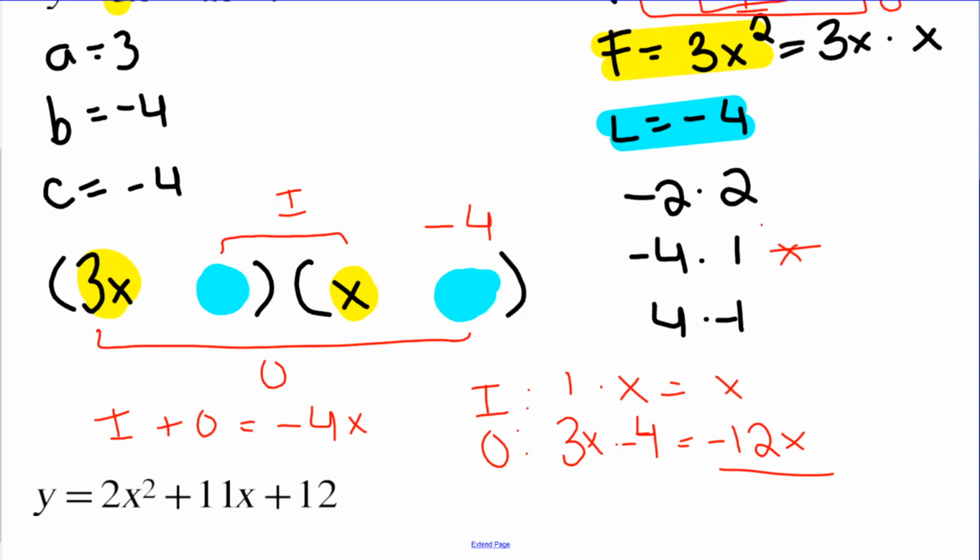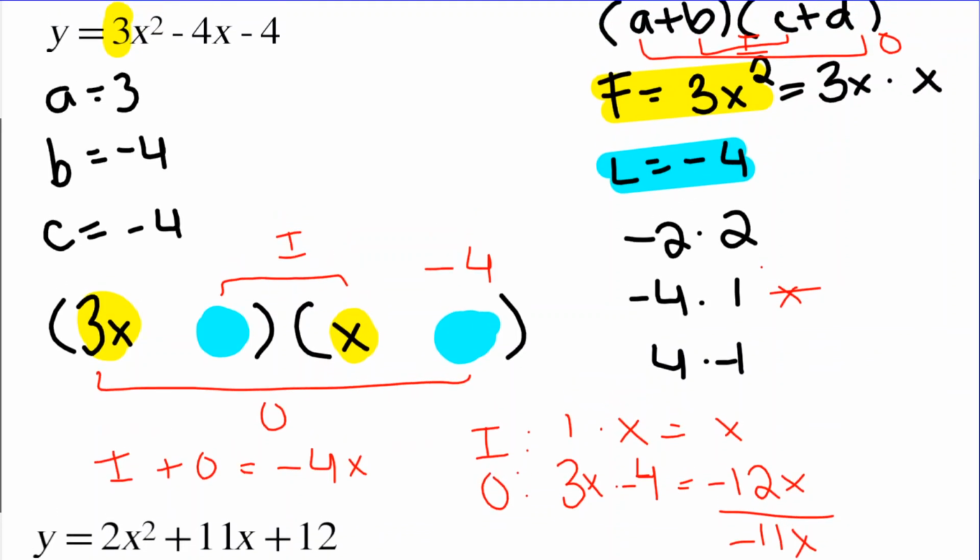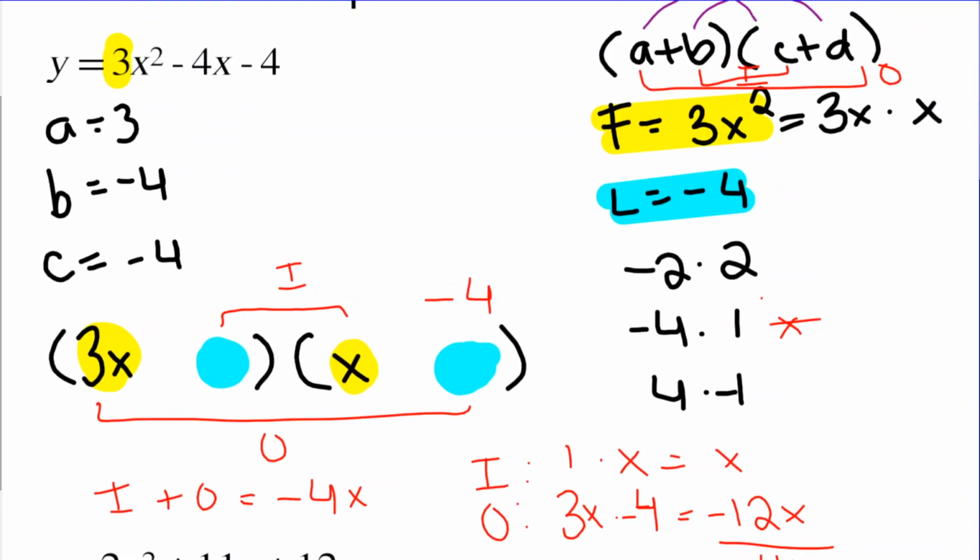In this case, unfortunately, the sum of x and -12x is not -4x, it's actually -11x. So that tells us that these options don't work. And the same thing is going to happen if we were to flip things around. We would get a 4 times x on the inside, and we would get a 3x times 1 on the outside. Either way, that's never going to sum to -4 for us.